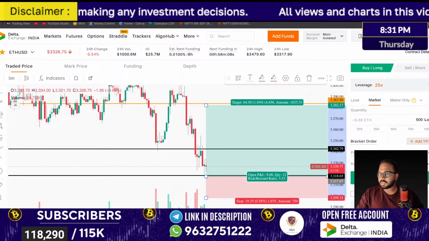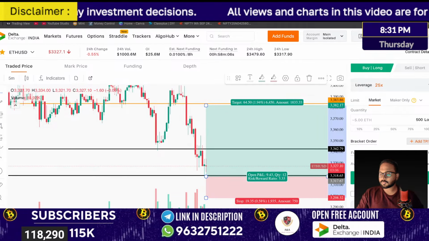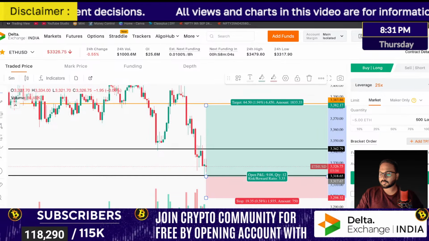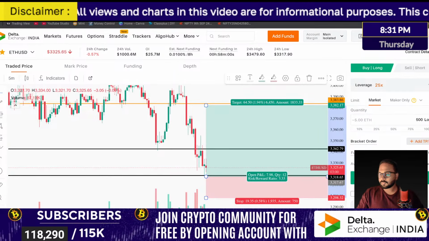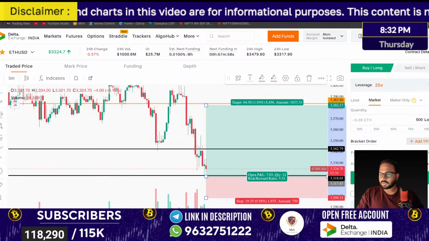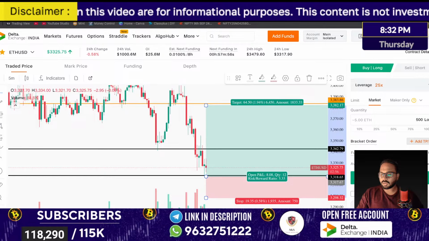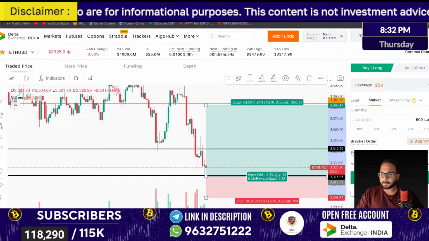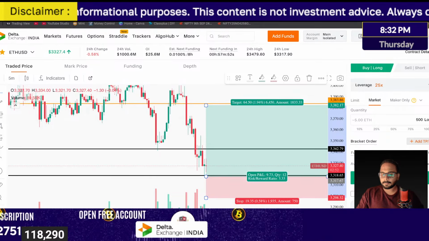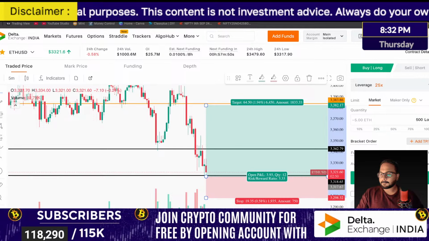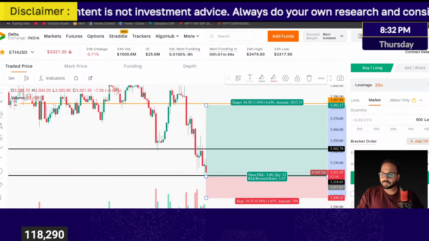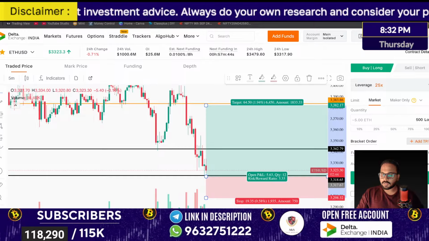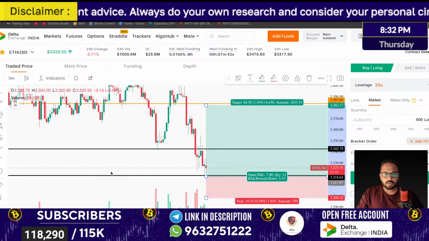Simultaneously, I'll look at the BTC chart also. BTC is continuously correcting. Now traders, BTC has come to such a level where it might trap people.